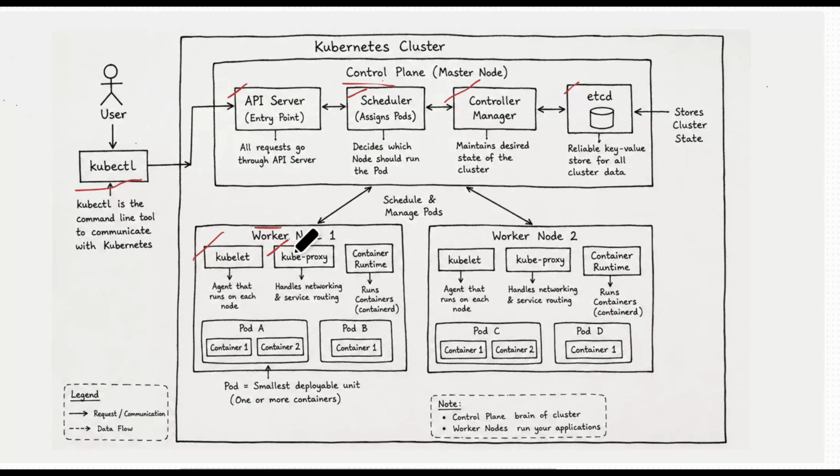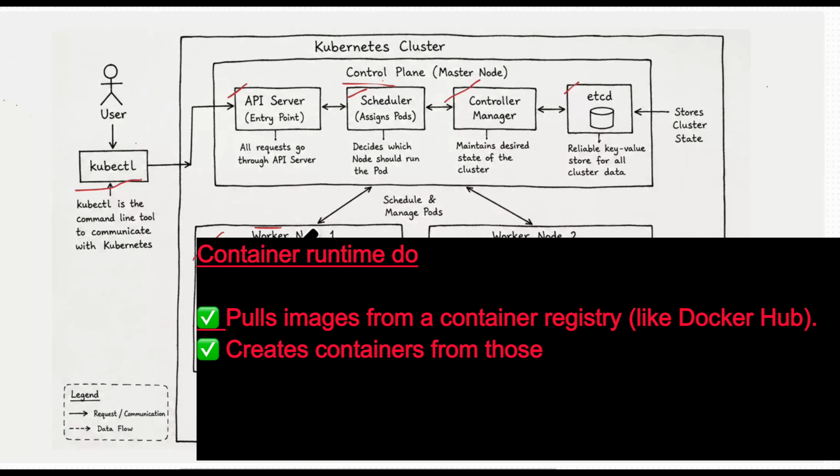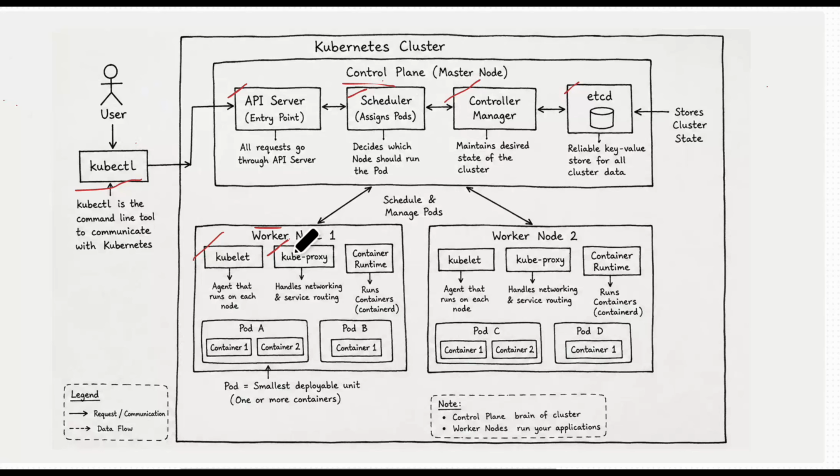Next is the container runtime. The container runtime actually runs the containers, for example, Docker Engine or containerd. So we have covered every component of the Kubernetes cluster. Now you can see in the diagram, I have mentioned Pod A, and then we have some containers.